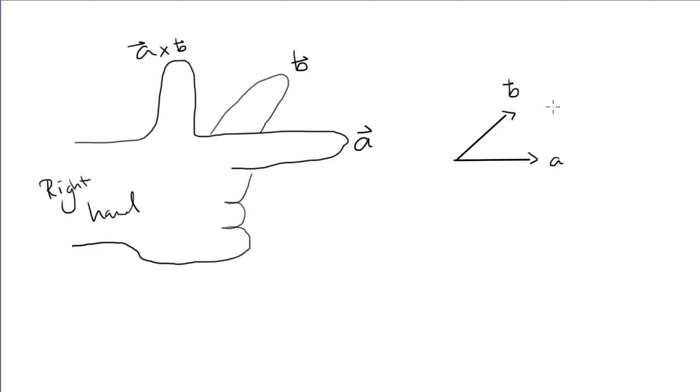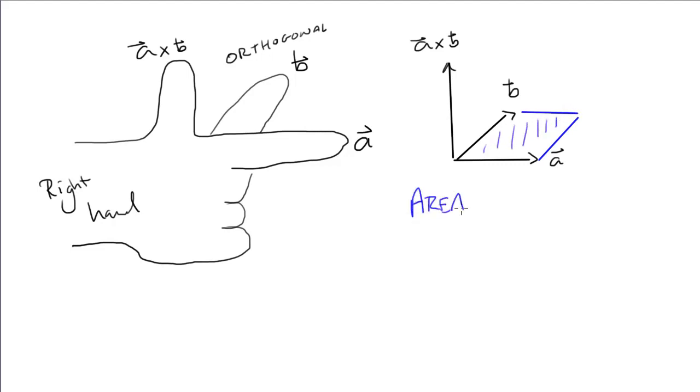Two vectors, the cross product, which is orthogonal to both vectors. And one further, the area of the parallelogram made by those two vectors is the length of the cross product.